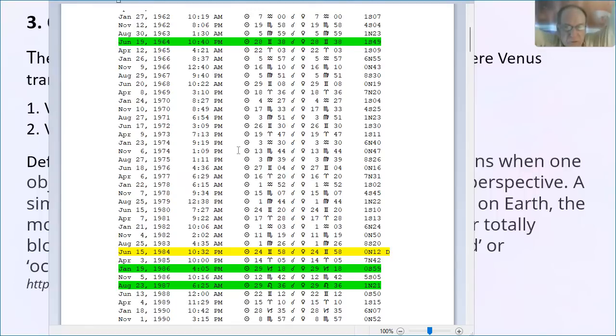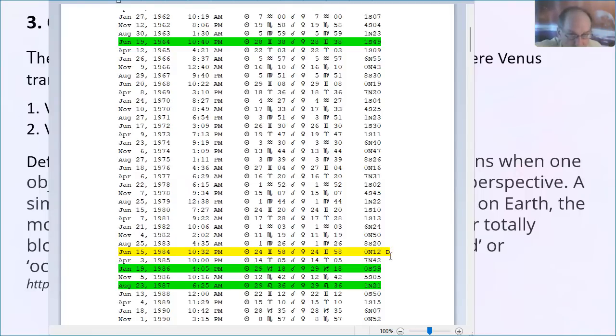So the first time I see Venus close to 0, and I use 16 minutes, from 0 south 16 to 0 north 16, within 16 minutes will be an occultation. Either Venus will move in front of the sun, or the sun has moved in front of Venus.